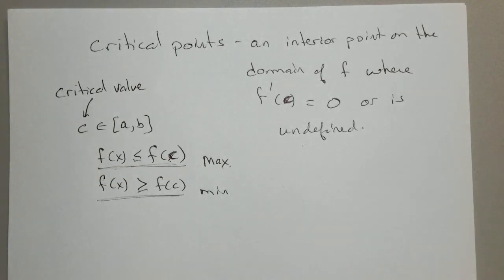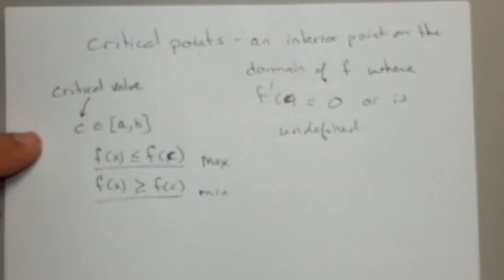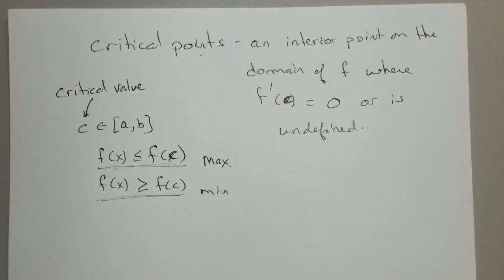The critical value is the number in the domain that makes the first derivative equal 0. So the critical points are the points that correspond to the critical values.